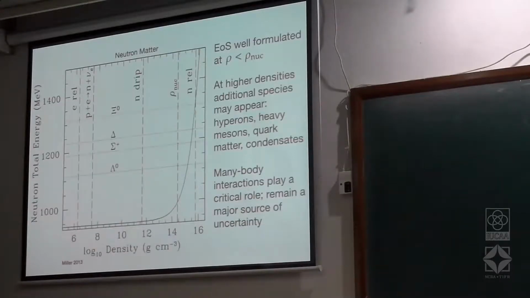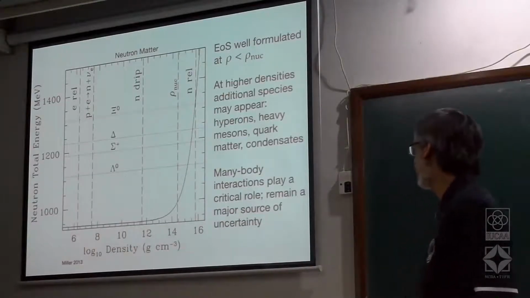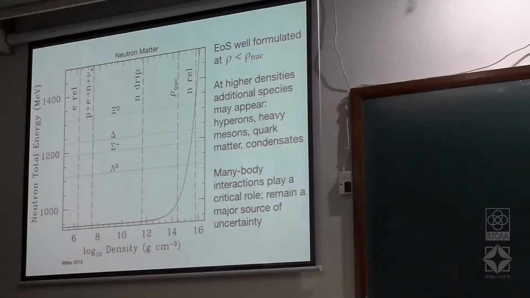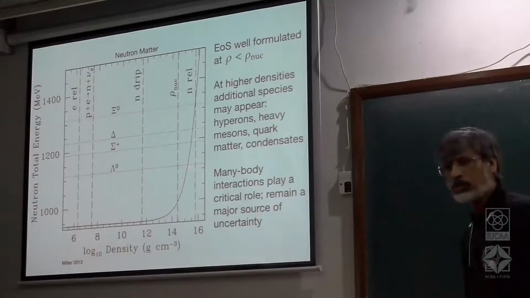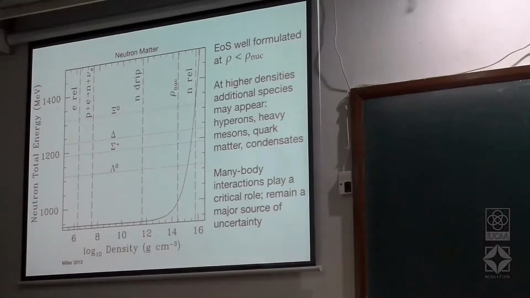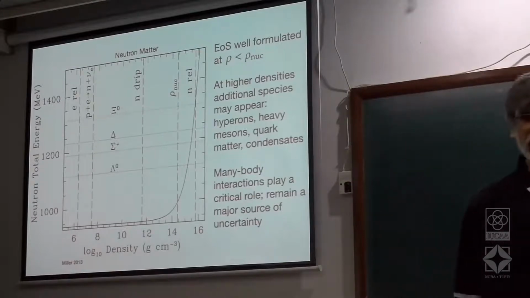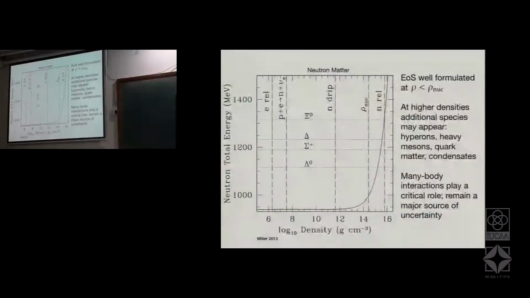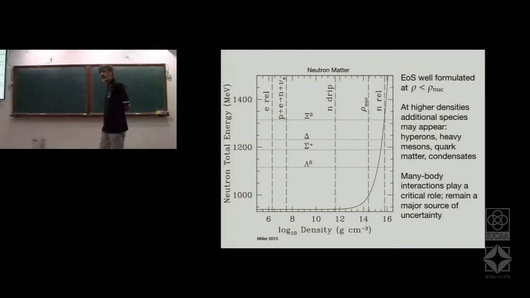Okay, so what else do we have to worry about when you go to high densities? When you go to densities below nuclear density for cold catalyzed matter, I think from all the information we have, we can predict the equation of state very well. There is not very much of a dispute about what the equation of state looks like below nuclear density.